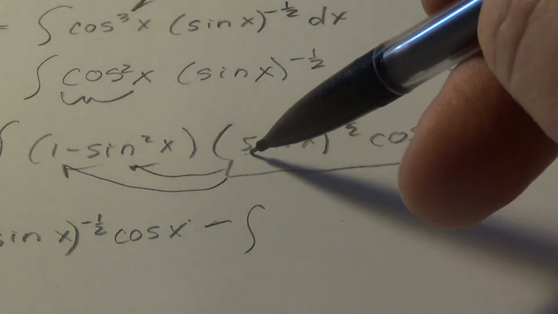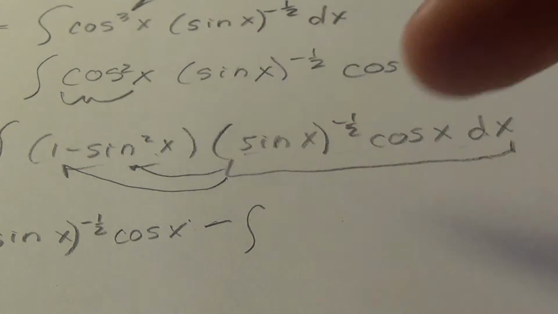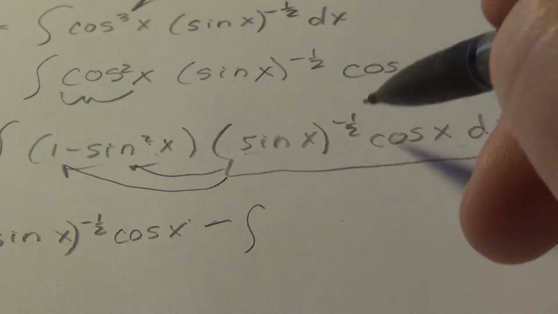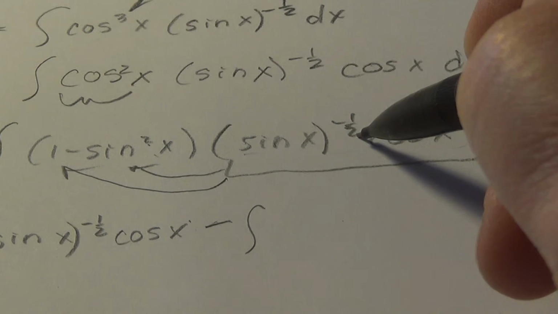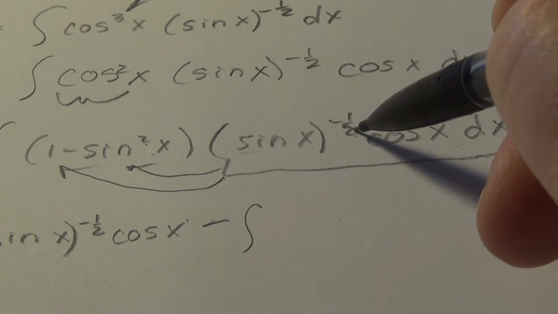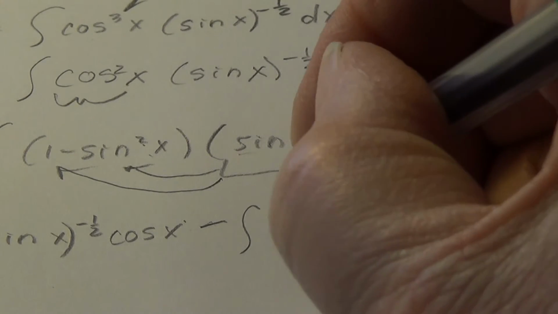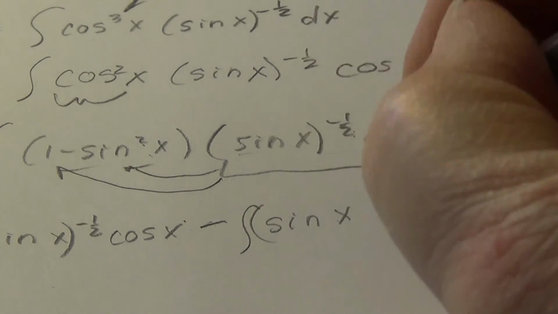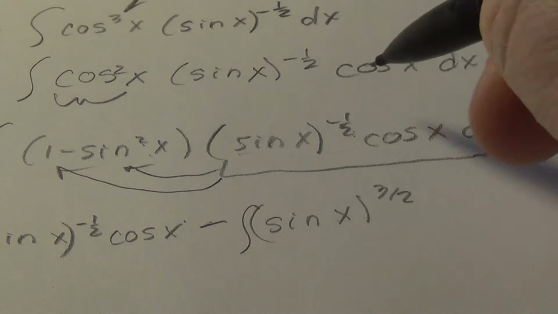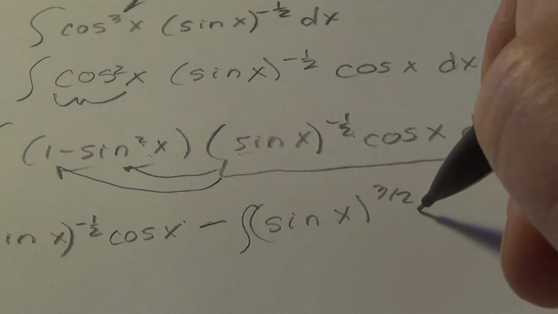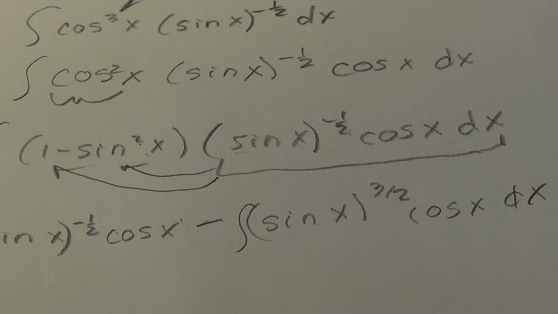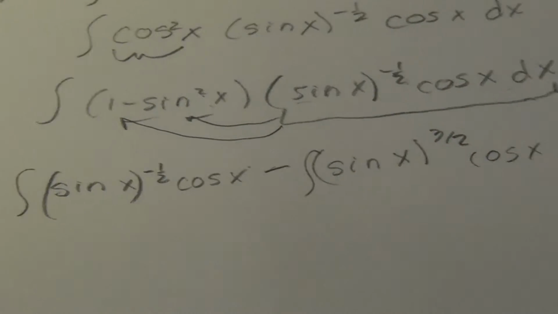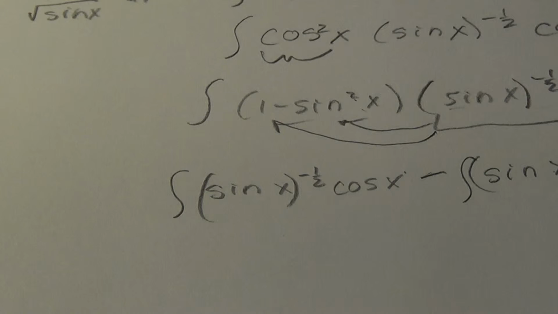And now I'm multiplying this expression times this expression. What is a 2 plus a minus 1/2? When I add 4 halves and minus 1/2, I get 3 halves. And then I have cosine x dx.